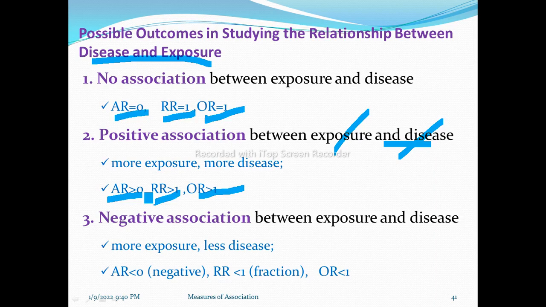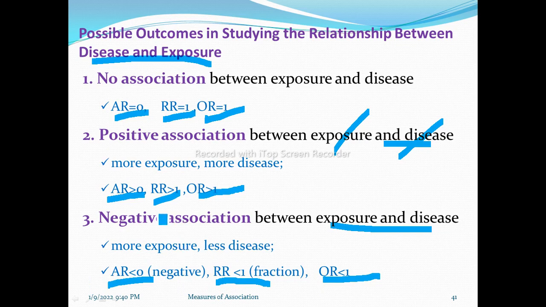But to say negative or inverse association between exposure and disease, the odds ratio should be less than 1, relative risk should be less than 1, and attributable risk less than 0. Less than 0 means negative, less than 1 means a fraction.